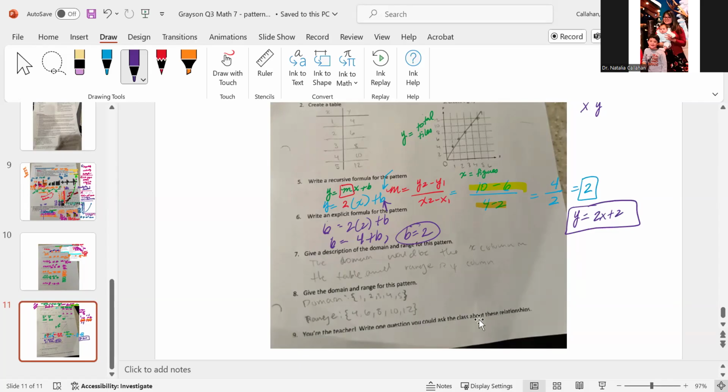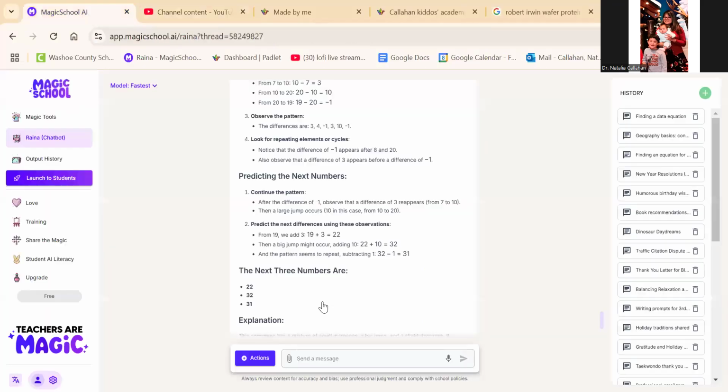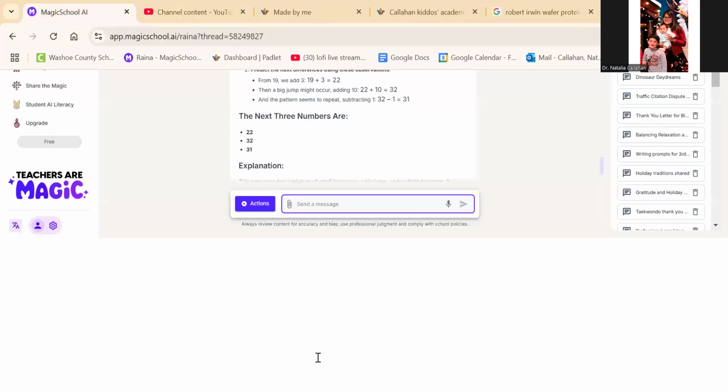Okay, so when you talk about explicit and recursive formula, let's go ahead and use this part. What are the recursive formula and explicit formula for the data? What's the first one? 1, 4.